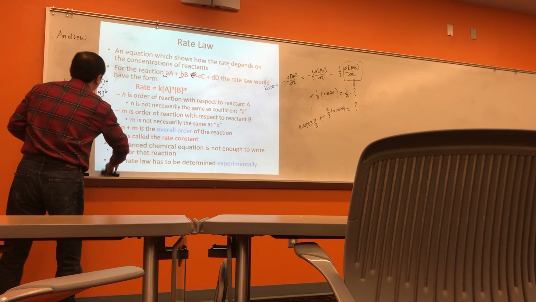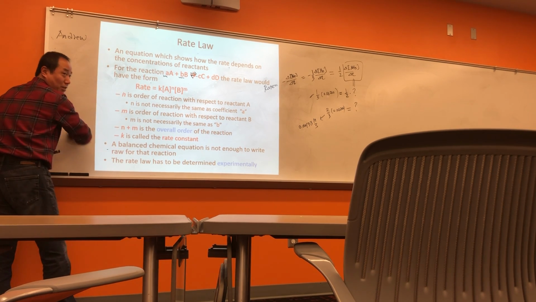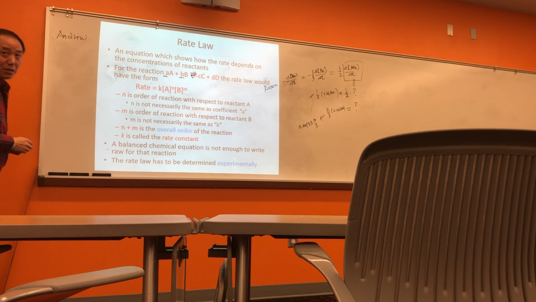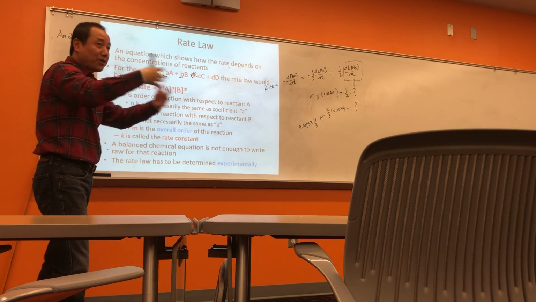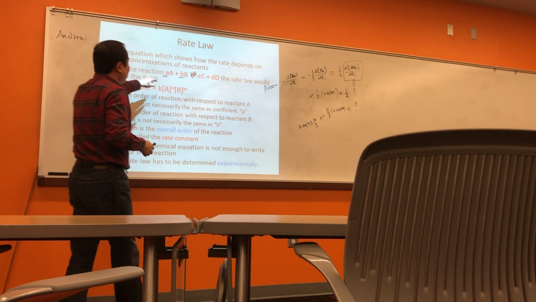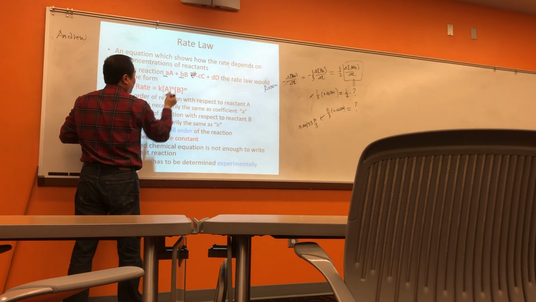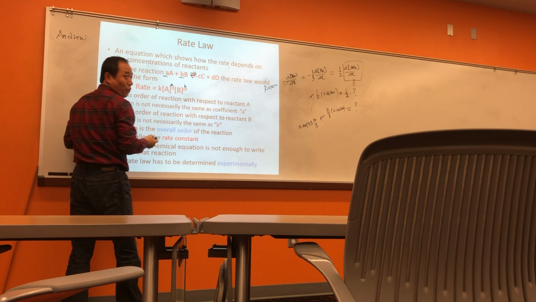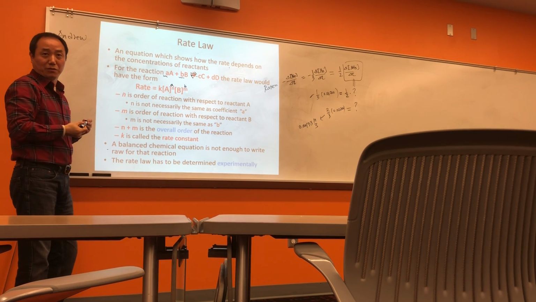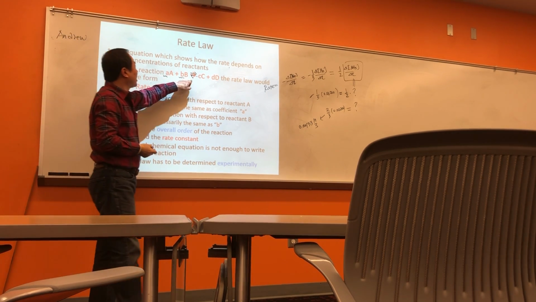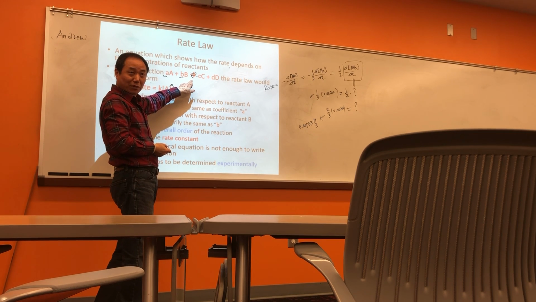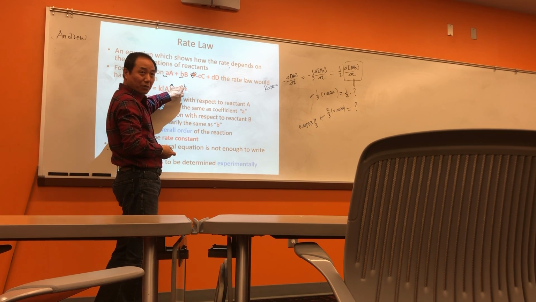That is because we do not know the reaction mechanism yet. Mechanism is what happens behind the reaction. If this is an elementary reaction, we use the a number here, the b number there. Only if that's an elementary reaction, which means what you see is what actually happened, then you use a and b here.